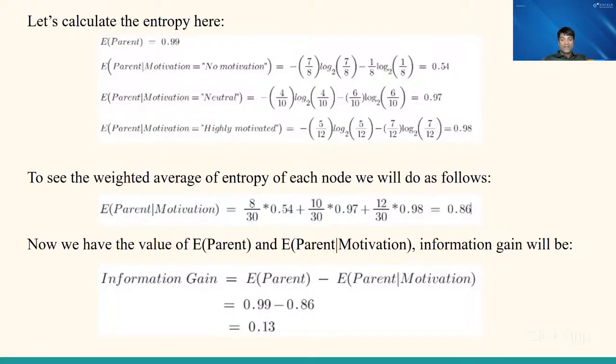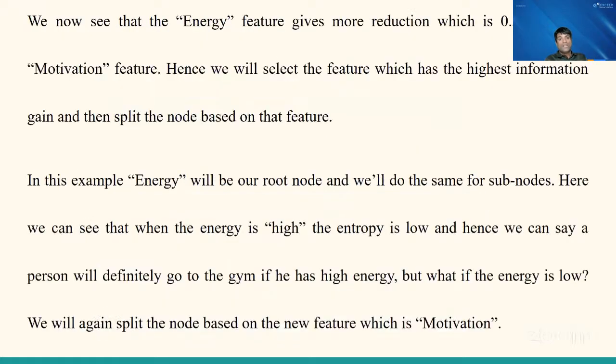When you subtract it, 0.99 minus 0.86, you are getting an information gain of 0.13. Now we see that the energy gives more reduction, which is 0.37, than motivation. Hence we will select the feature that has the highest information gain and split the node on that feature.